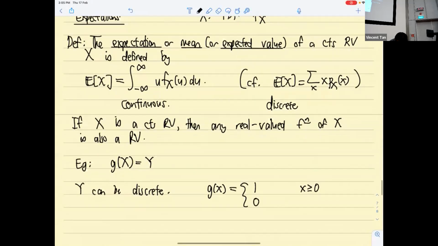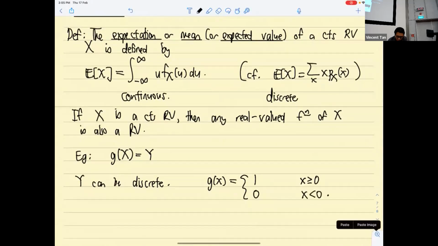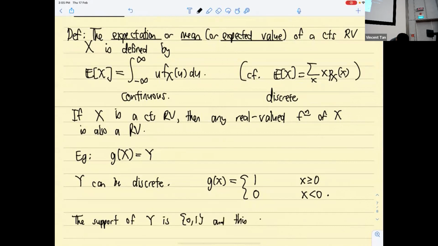If it is negative, y takes on the value 0. Y is g of x. So now the support, or the range of values that y can take on, is the set {0, 1}. And this is different.